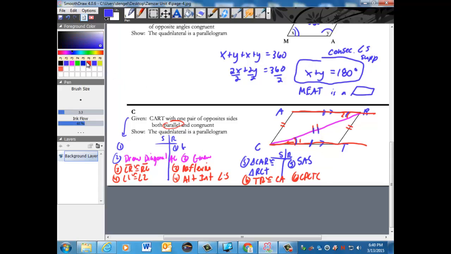And then continuing our proof for statement 7, now we can say that CART is a parallelogram, and the reason being is that we have now shown we have 1 tick, 1 tick, 2 ticks, 2 ticks. We have shown that opposite sides are congruent. Therefore, the shape is a parallelogram.